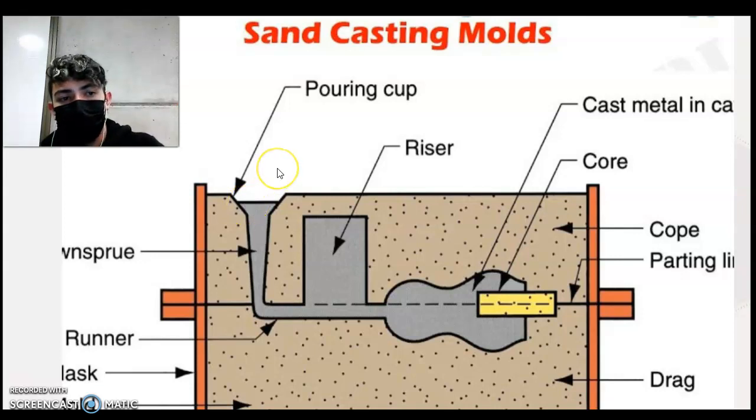They pour the material through this hole, and it's really important to be careful with the velocity and the way that you're going to pour the material, because this has a significant relation to the mechanical properties of the material. So you need to be really careful when you are doing the pouring.